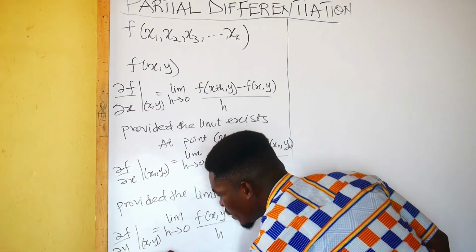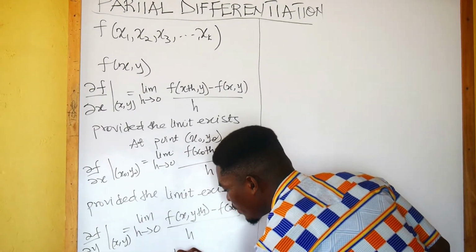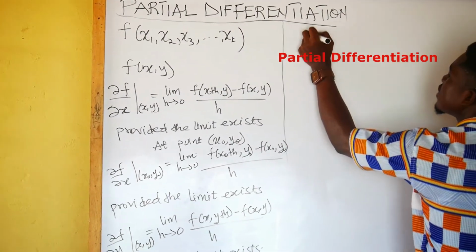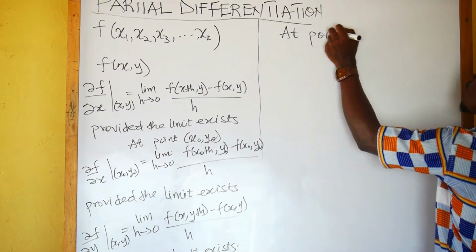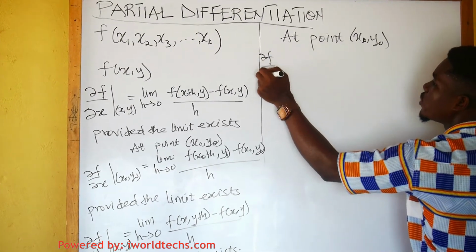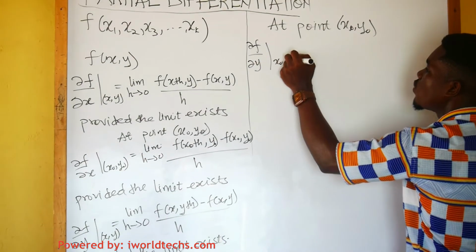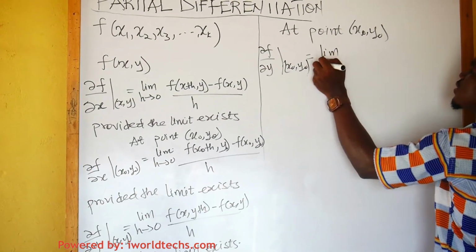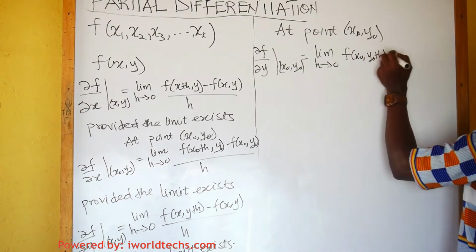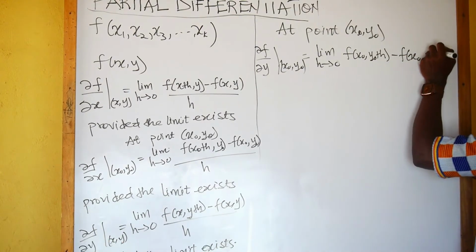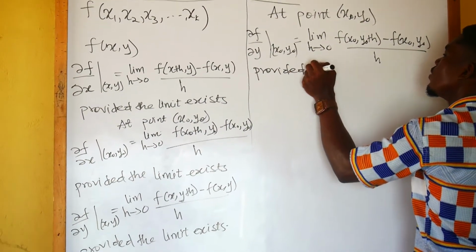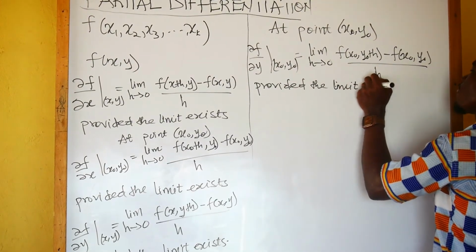provided the limit exists. So at point (x naught, y naught), the partial derivative of this function with respect to y at this point (x naught, y naught) is given by the limit as h approaches 0, f of (x naught, y naught plus h) minus f of (x naught, y naught), all divided by h, provided the limit exists.